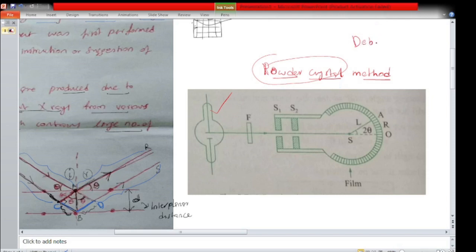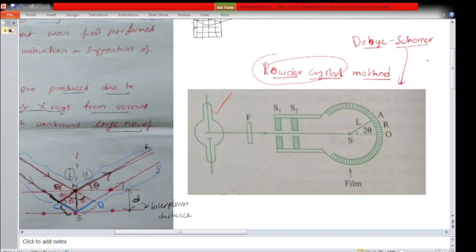This method is from that diffraction, and here we will be using powder form.